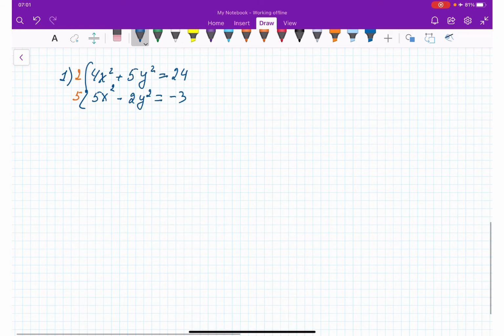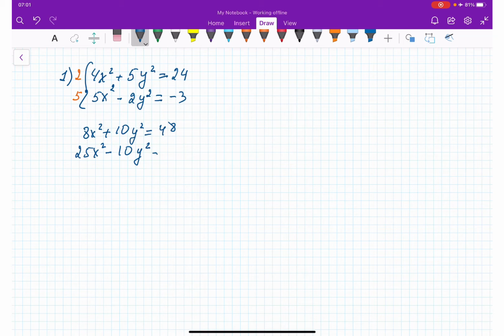So let's see. 8x squared plus 10y squared equals 48. And then 25x squared minus 10y squared equals negative 15. Let's add.